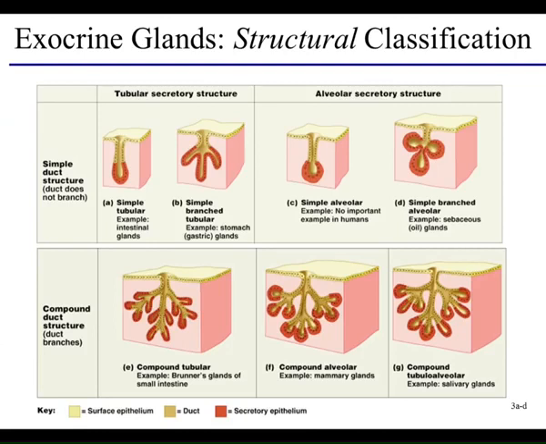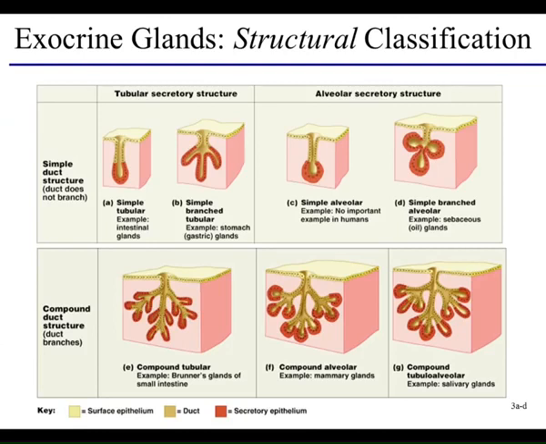And that just gives you a good experience of kind of knowing what these words can mean. Compound means multiple channels off that one single channel. Simple means what? One single channel leading to branched sacs. So the alveolar means sacs, or a sac shape, like a clover shape. Whereas tubuloalveolar means what?